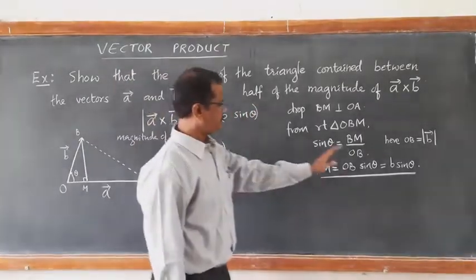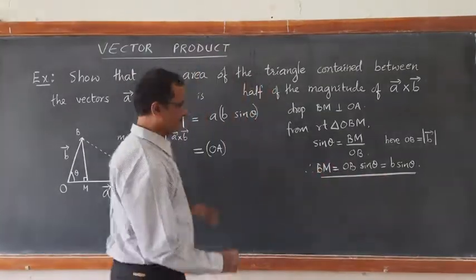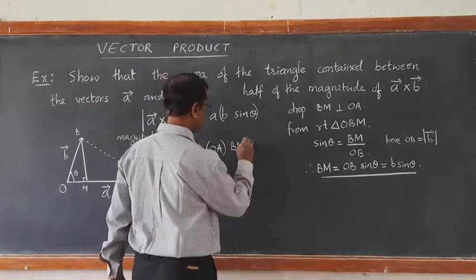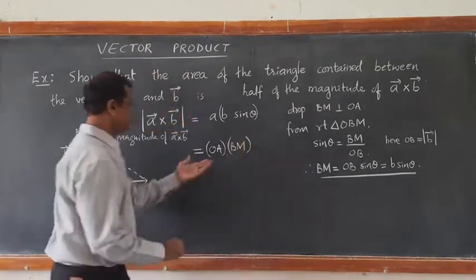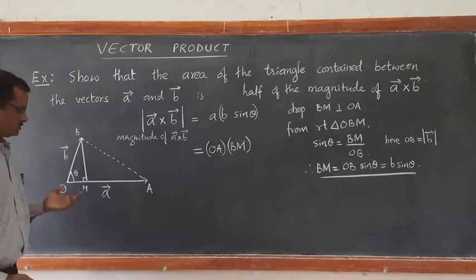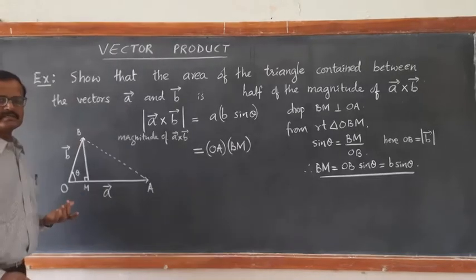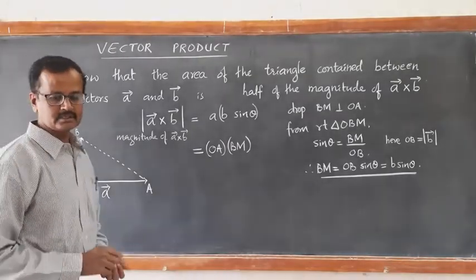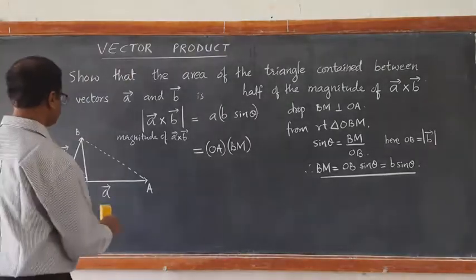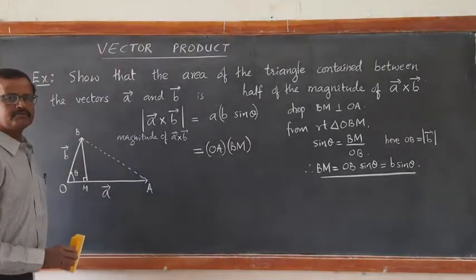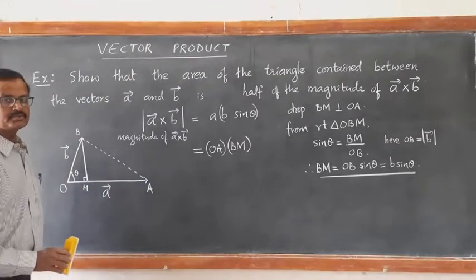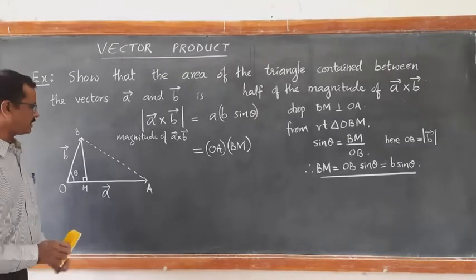B sin theta is BM. What is BM? BM is the height. OA is the base. So base into height gives us the area of the parallelogram.